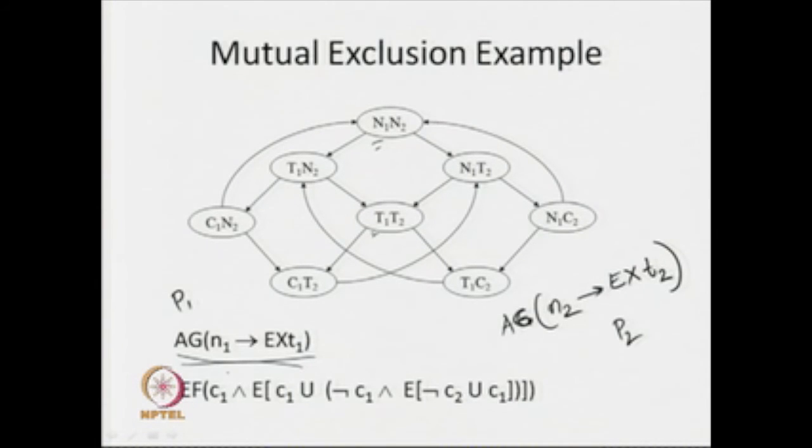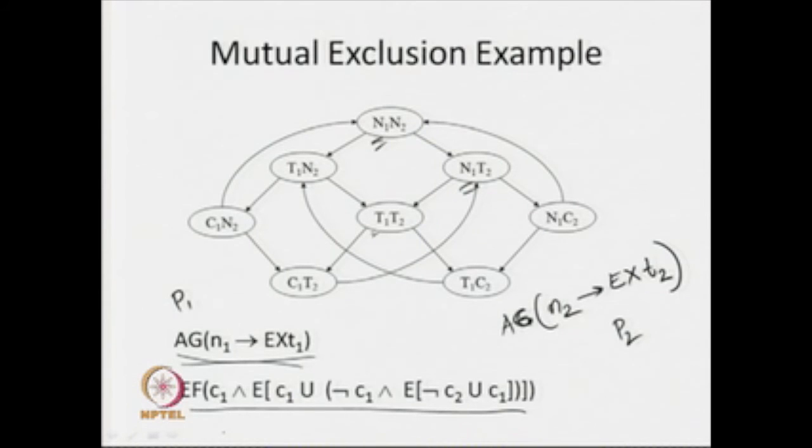Similarly, here I am saying wherever N1 is true, I am basically concerned about this particular state, and we are going to state that in the next step T1 is true. Okay. Because if N1 is false, this implication is always going to give me the value true. Okay, we will see this. And this is again the property that is related to process P1.